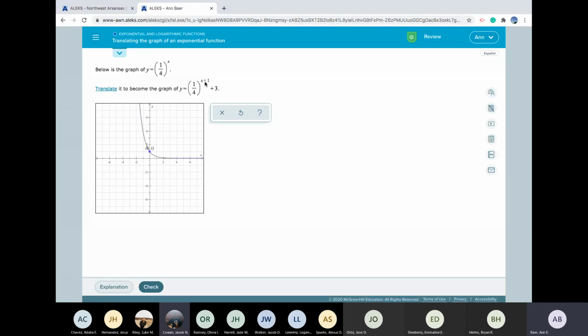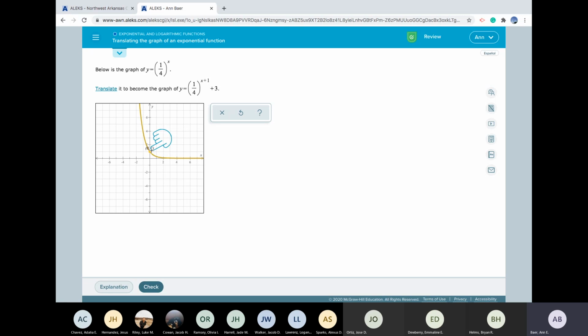It goes left, because a number added or subtracted next door to the x works opposite of what we would think. So even though we're adding, we don't go right, we actually go left. So we're going to go left 1 unit because of this 1.